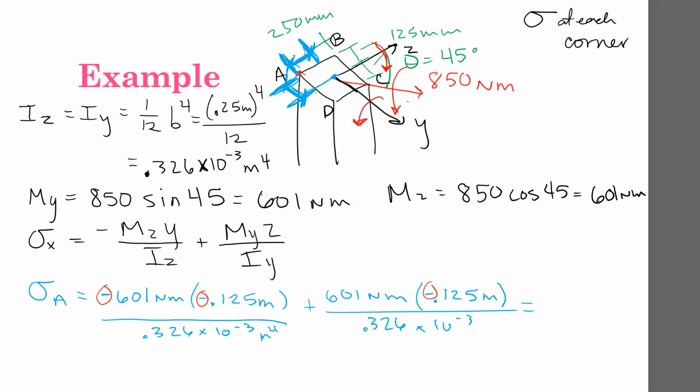Okay, so this then gives us, if you look at that, by inspection, you can see that's 0, right? You don't even have to calculate it. So that must be on our neutral axis. And if we're clever, we'll say point A is on my neutral axis. It's a square. So what do we know about IZ and IY?